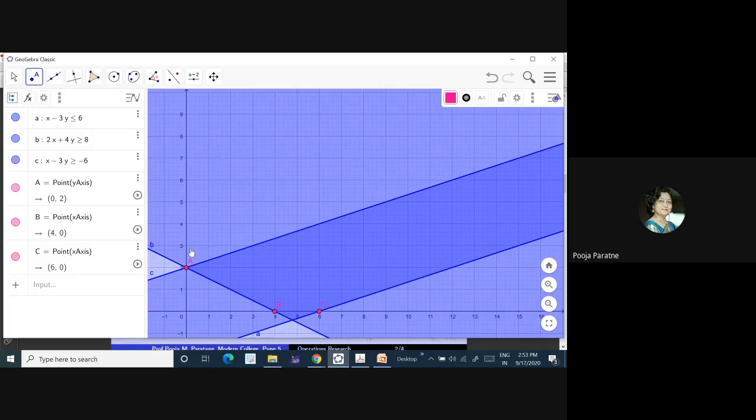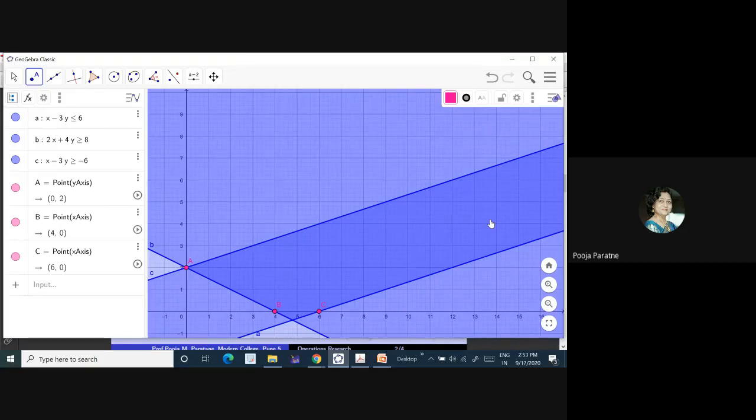Suppose the objective function was of minimization, then a solution exists, because the minimum value lies at the boundary points. So though we are getting an unbounded region, if your objective function is minimization, then we get the solution. But here, as the objective function is of maximization, and the common feasible region in the first quadrant is going to infinity, there is no end, there is no optimum value, it is not ending somewhere.